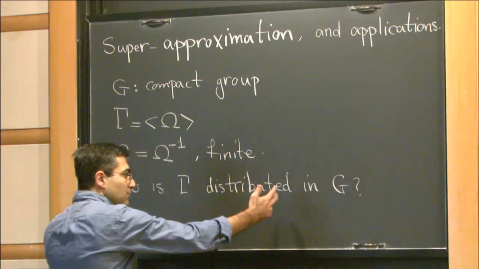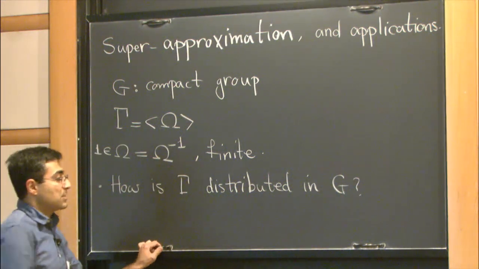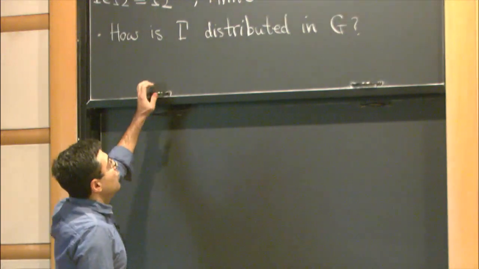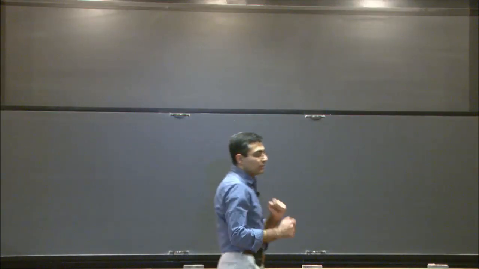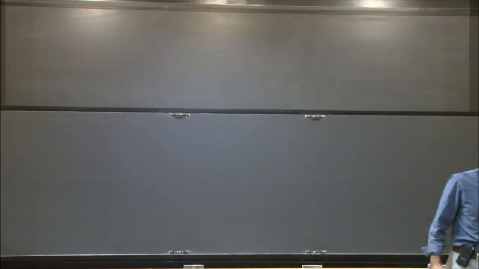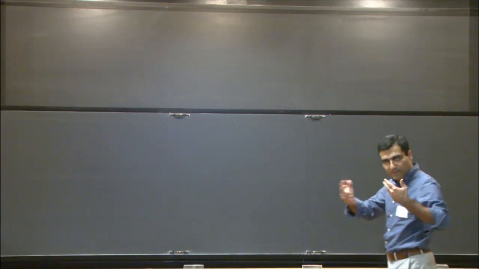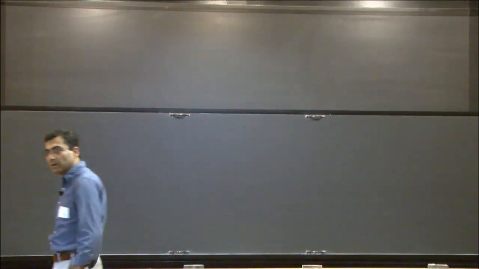Okay, but how do I want to formulate this in mathematical terms? One way to go about it is using random walk. So I start with omega, and then I do a random walk with respect to this finite symmetric set, and I ask myself, what is the limiting law?